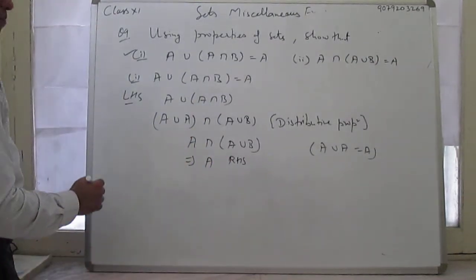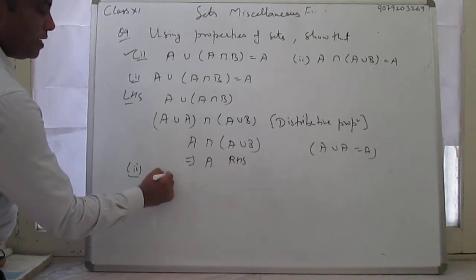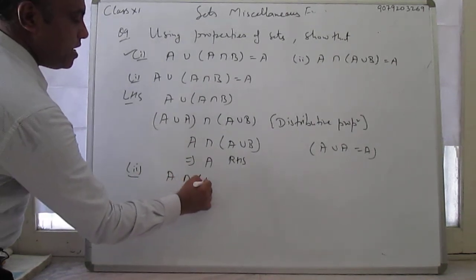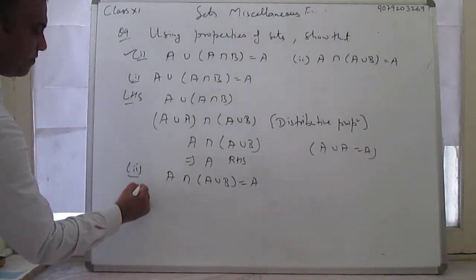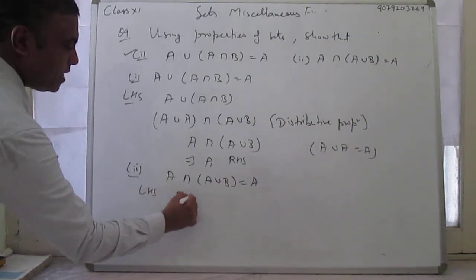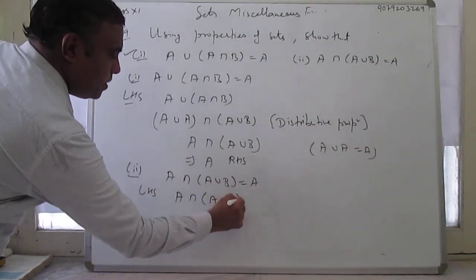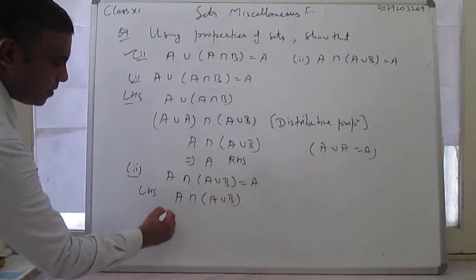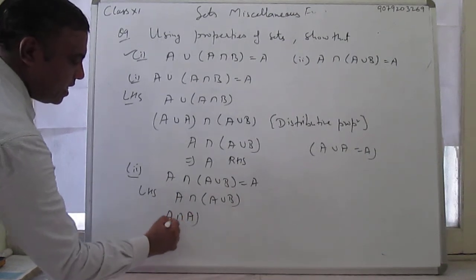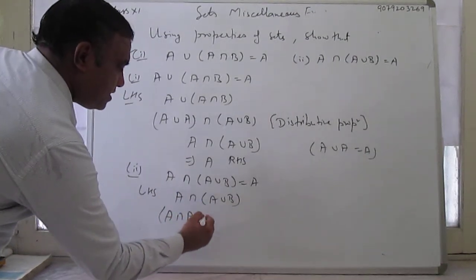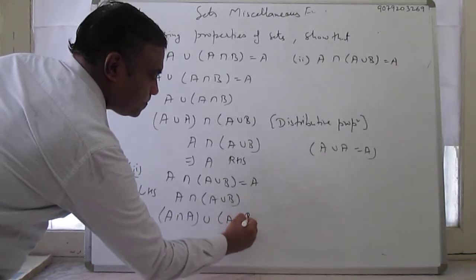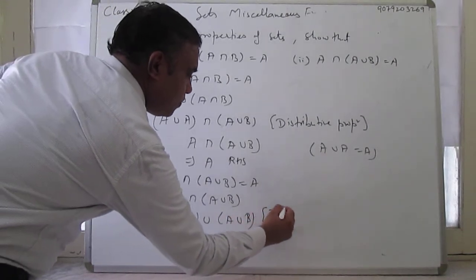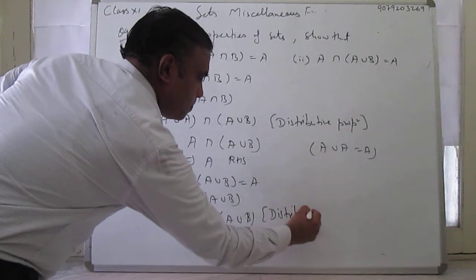Now the second part. A intersection (A union B) is equal to A. Now I will take the left hand side, A intersection (A union B). Apply the distributive property: (A intersection A) union (A intersection B). This is the distributive property.